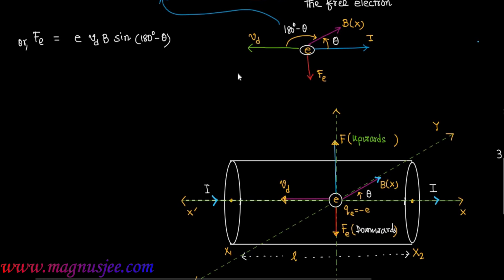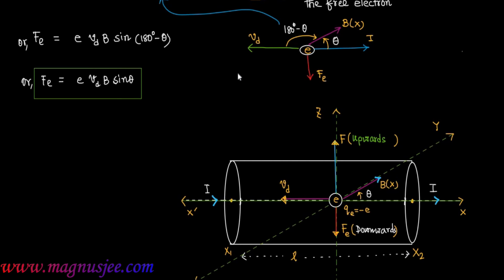So therefore we get Fe equal E Vd B sine theta, because sine 180 degree minus theta is equal to sine theta. We get the expression of the force experienced by a free electron, that is Fe equal E Vd B sine theta.